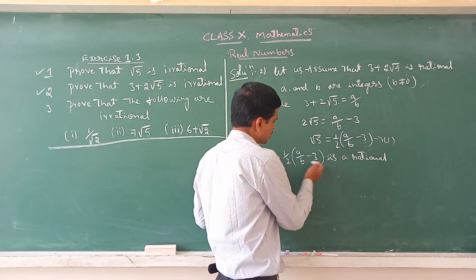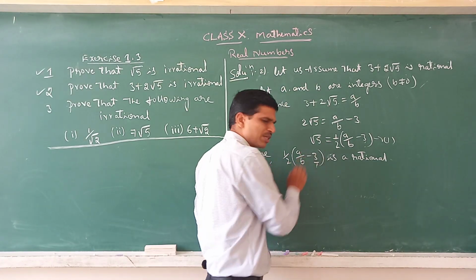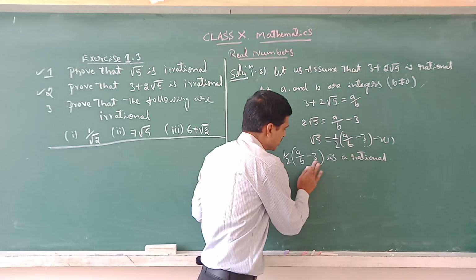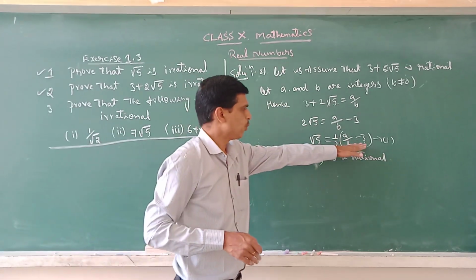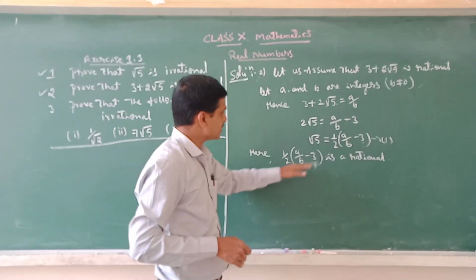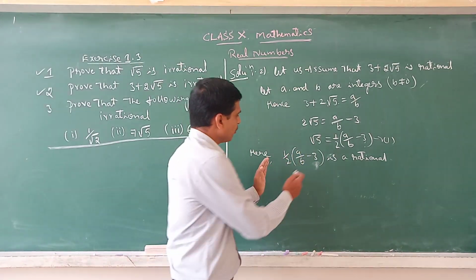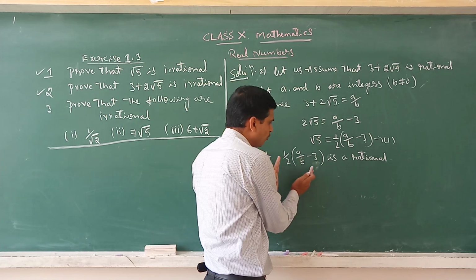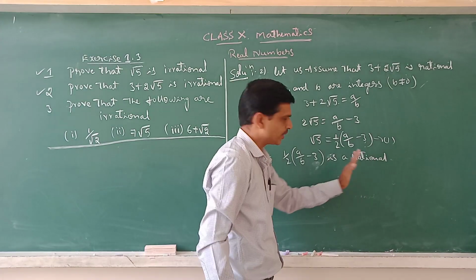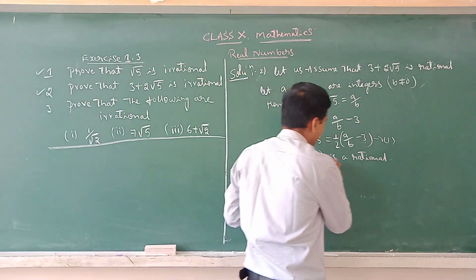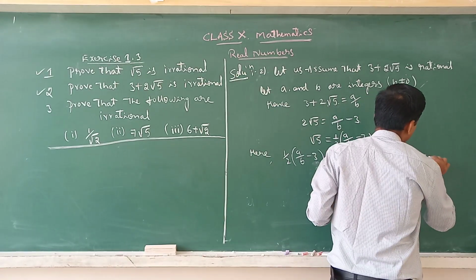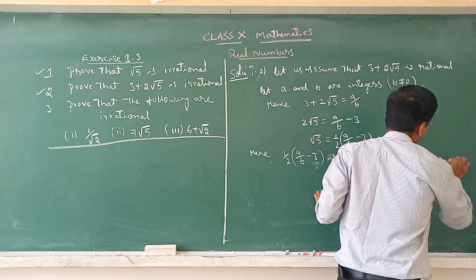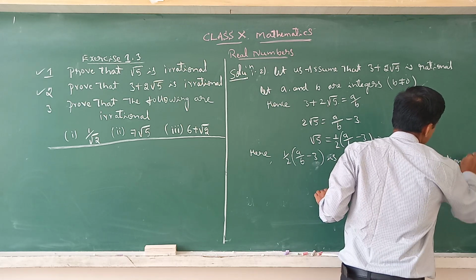Suppose you want to calculate this by taking the LCM, it becomes some other number, nothing problem in it. So I wrote it the same as it is. What is this exactly? This is a rational number. So if it is rational, then our root 5 is also rational.